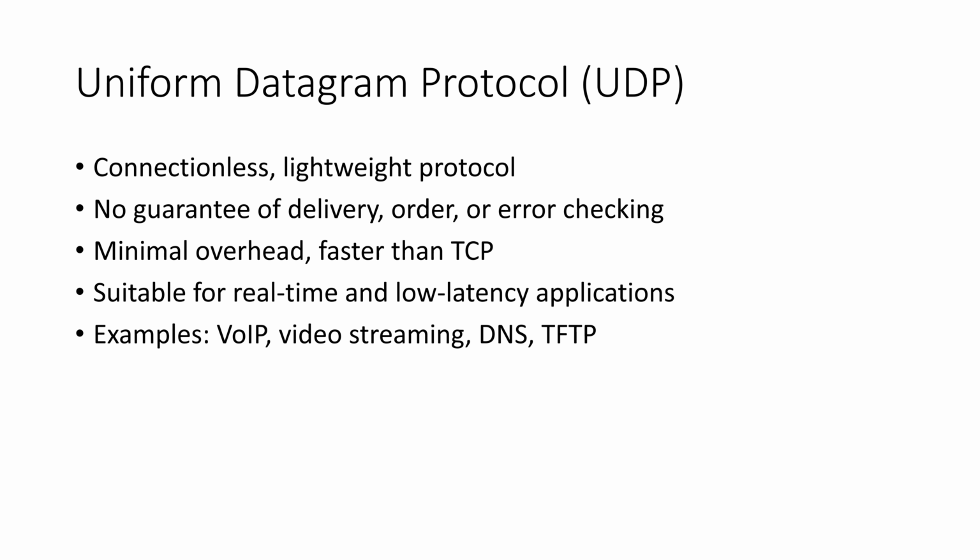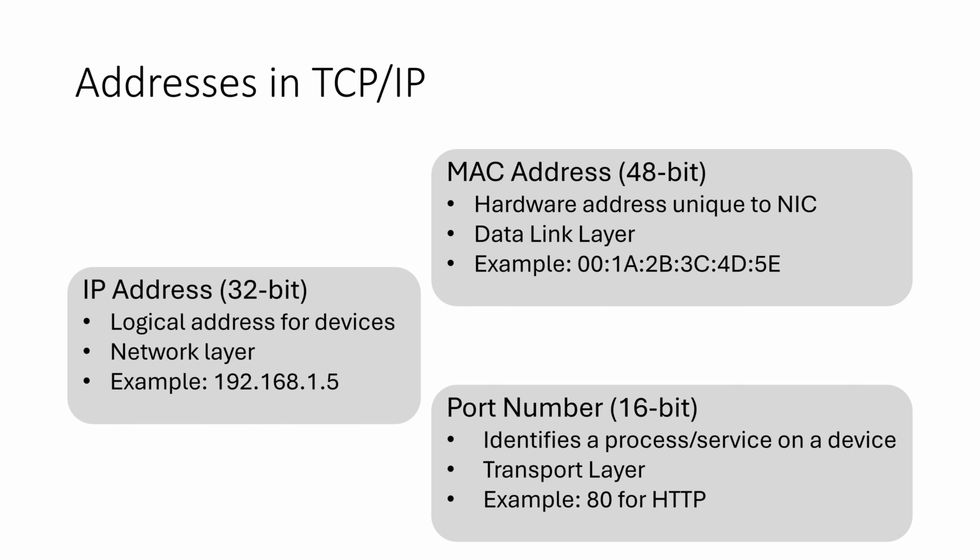In TCP/IP networks, multiple types of addresses work together to ensure data reaches the right place. The IP address is a logical address. It's assigned to each device in a network and it's used to route data across different networks. An example would be 192.168.1.5.